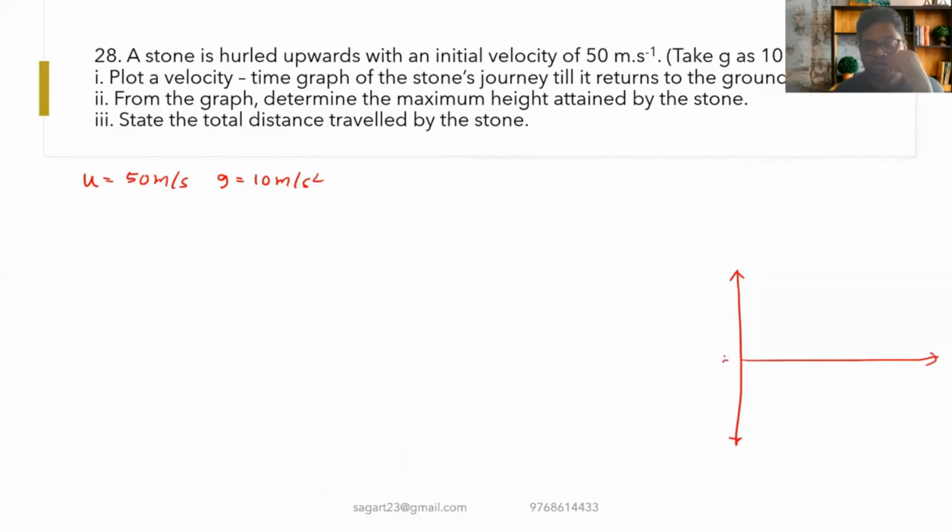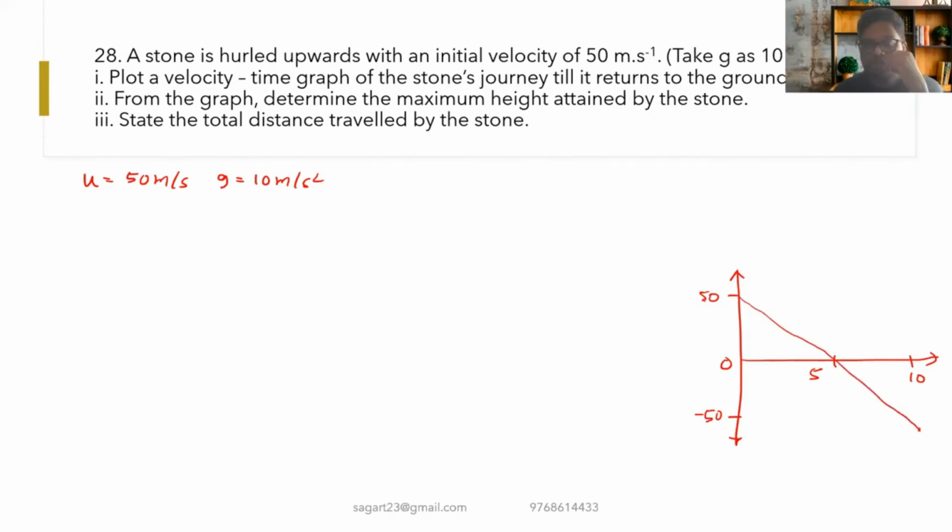So this is 0, this is 50, so this is minus 50, and I'll take this as 5, and approximately double of that will be 10. So this is somewhere here around. So I hope I should be able to draw this graph as a straight line like this.